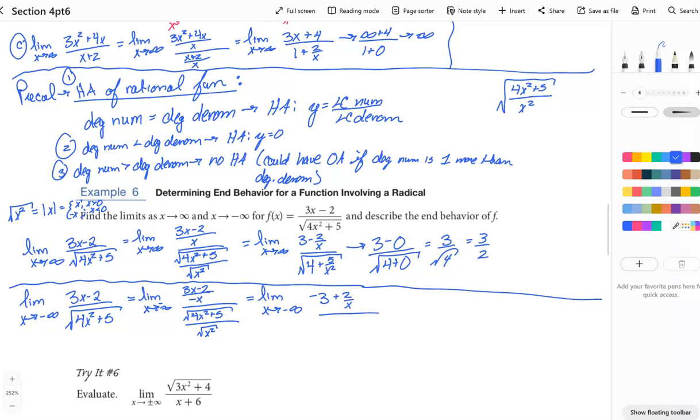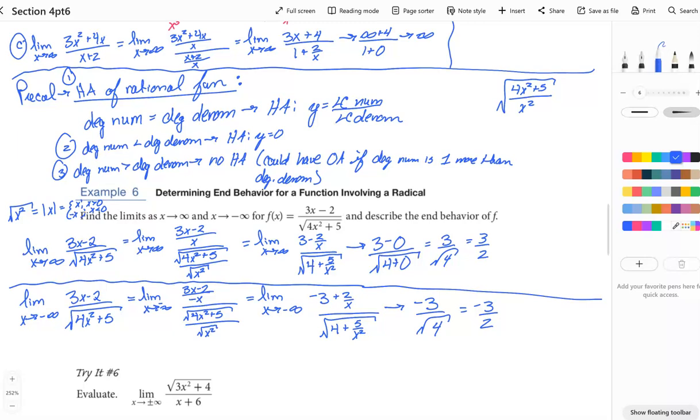And I'm going to simplify this, the square root of 4 plus 5 over x squared. So this is going to head to negative 3, and this is going to head to the square root of 4, which is negative 3 over 2.